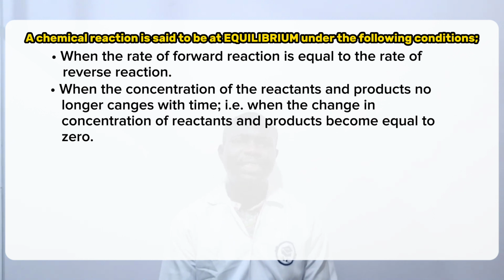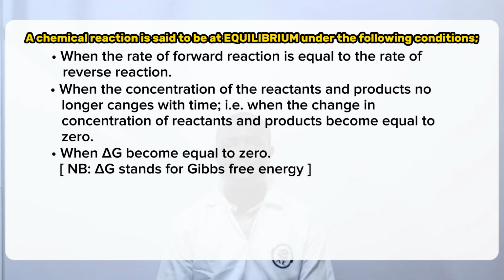That is, when the change in concentration of the reactants and products becomes equal to zero, we say that equilibrium has been established. Three, when delta G becomes equal to zero. Delta G stands for what? Gibbs free energy.